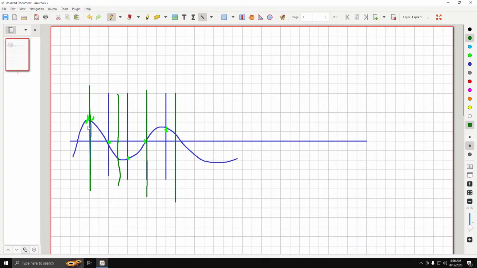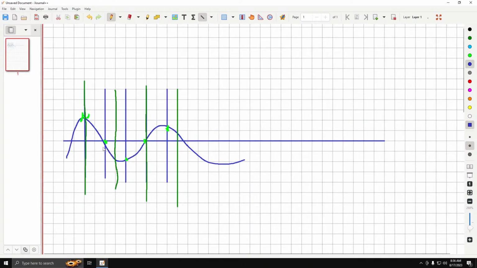So now instead of being at these points, I guess it'd be at here. Let me draw a different color again. And not have the line be here, here, here, and here. So now it's reading back the samples at those points.